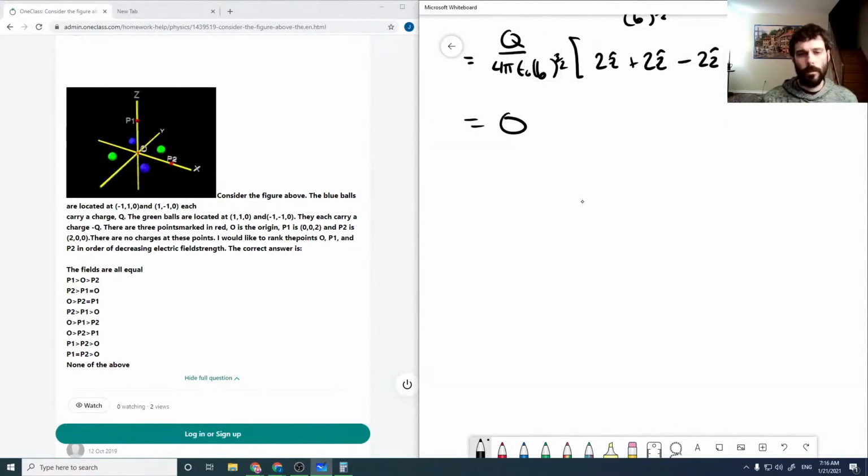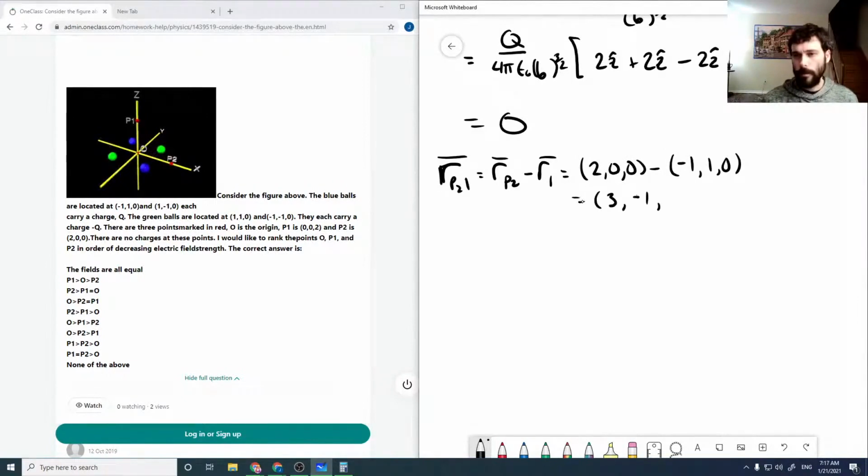And now at point 2, well, for point 2, we need all of our unit vectors. So R P2 1, I should say, is RP2 minus R1, which is 2, 0, 0, minus 1, 1, 0, which comes out to be 3 minus 1, 0.